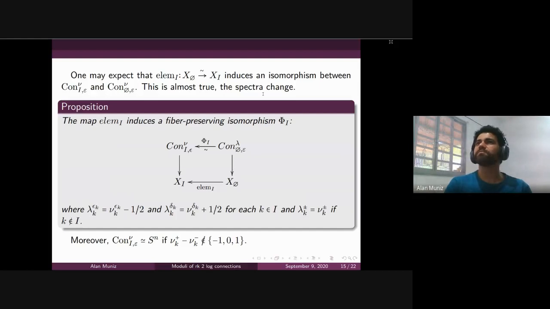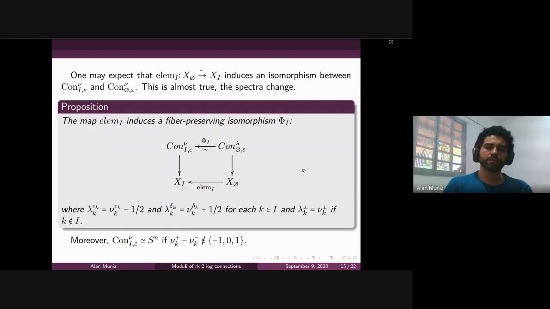And we have this result that says that the isomorphism corresponds to an isomorphism between these spaces of connections, but here the eigenvalues are different. And here we can see how they transform.